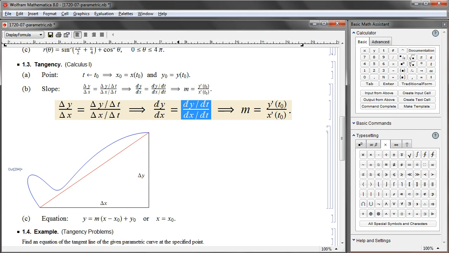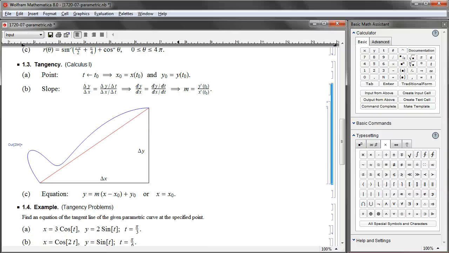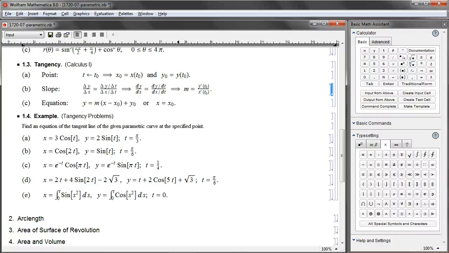All I have to do is specify the t value, t equals t naught, and we get this slope formula there, y prime of t0 over x prime of t0. So how does the computation work? Let's stick to example D, and you can calculate x naught, y naught by just directly plugging in.